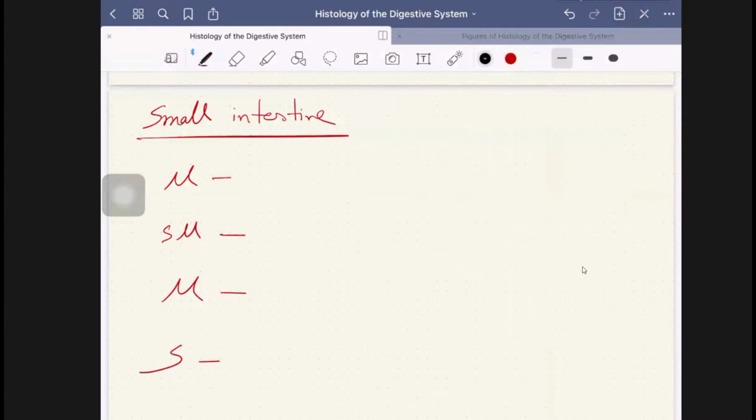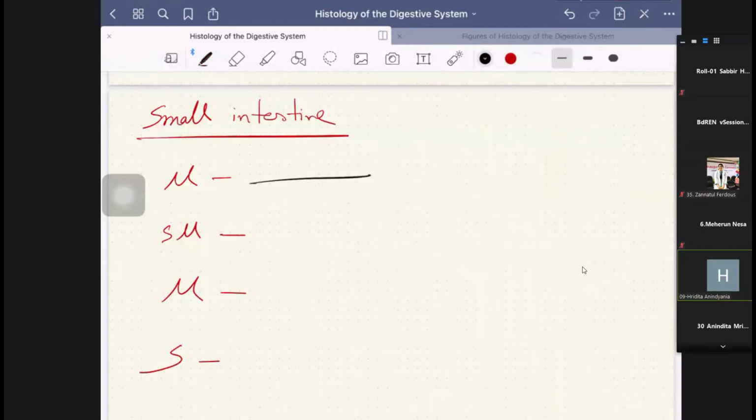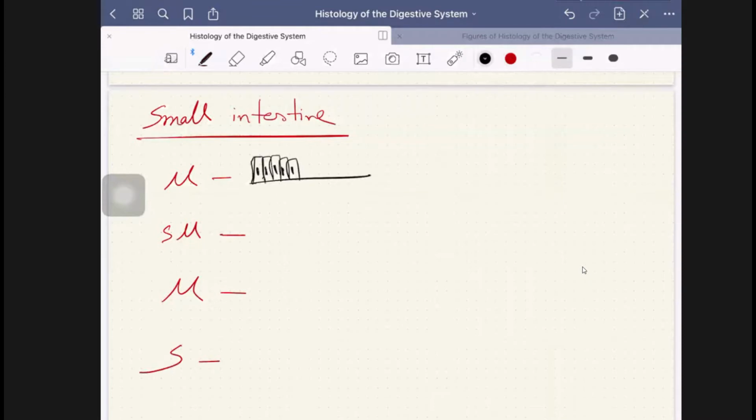So mucous membrane, there will be simple columnar type of epithelium. Have a look at these pictures. You know that in simple columnar epithelium, the cells are elongated, the nuclei are also elongated, and they rest on a single basement membrane.